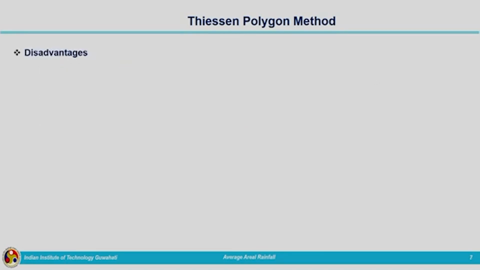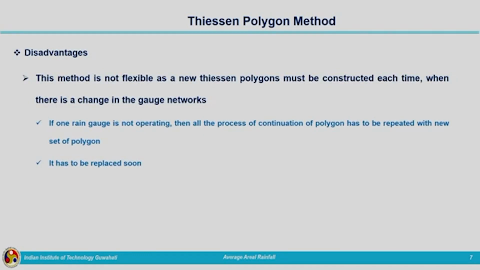Now, there are certain disadvantages of the Thiessen polygon method as well. Let us see them one by one. This method is not flexible, as new Thiessen polygons need to be constructed every time. In a particular watershed we have n rain gauges, and based on them we connected the rain gauges by straight lines forming triangles.